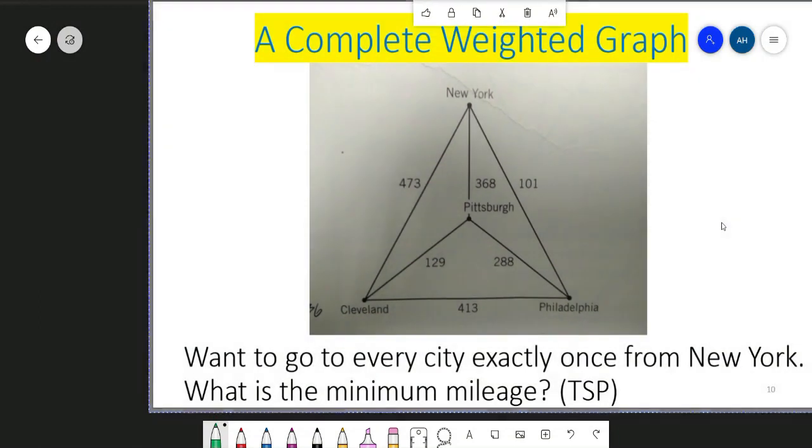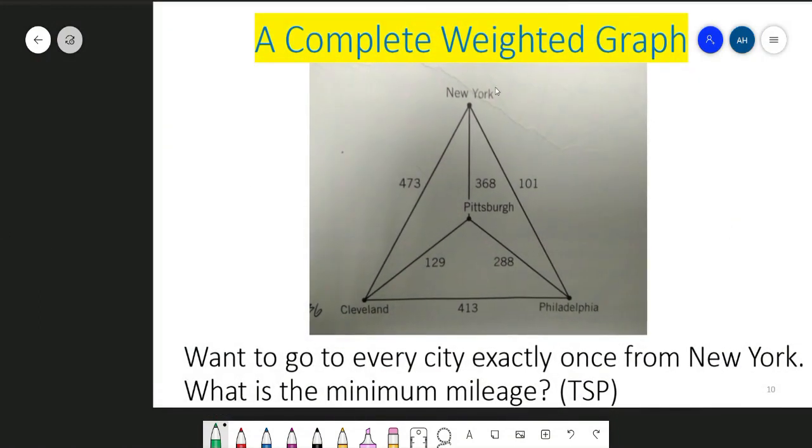We have 4 cities: New York, Pittsburgh, Cleveland, and Philadelphia. Then we connect each pair of cities, and we include the distance between any 2 cities. For example, from New York to Cleveland is 473 kilometers.